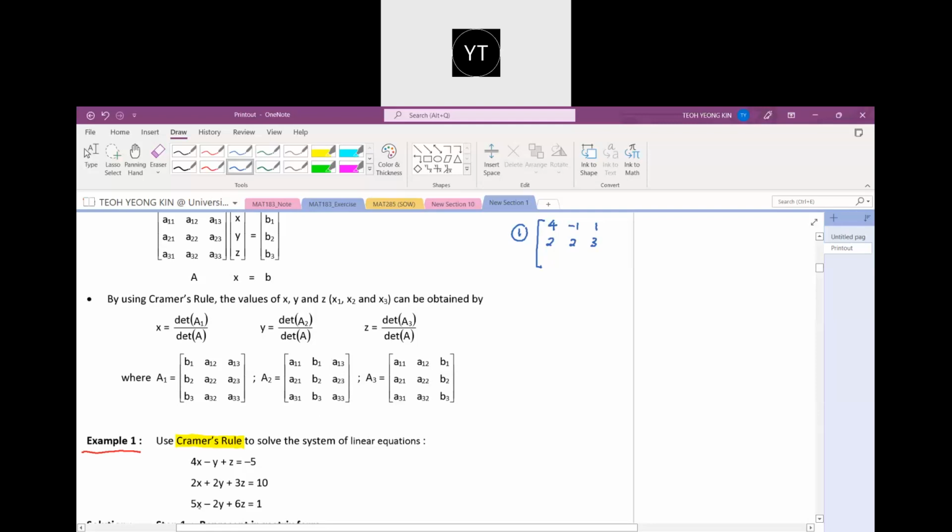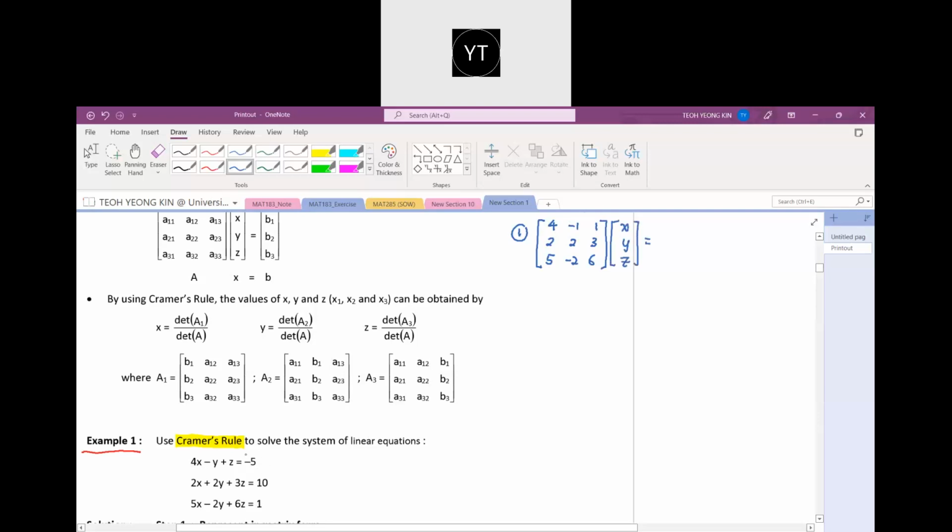The entries for the third row will be 5, -2, and 6. Tutup kurungan. This is the matrix A. What is the variable here? Apakah pemberi ubah kat sini? X, Y, dan Z.